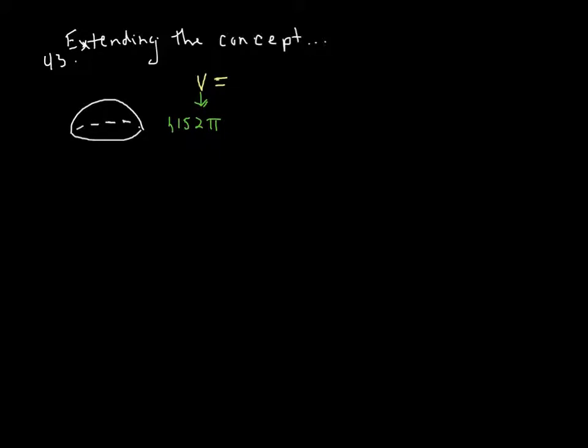So for my formula, I've got 2 options actually. I could take my volume formula for a sphere, which is 4/3 pi r cubed, and I could take 1/2 of the 4/3 pi r cubed. And if we take 1/2 of 4/3, we're multiplying fractions here, we're going to end up with 4/6, which reduces to 2/3. And maybe you just did that in your head.